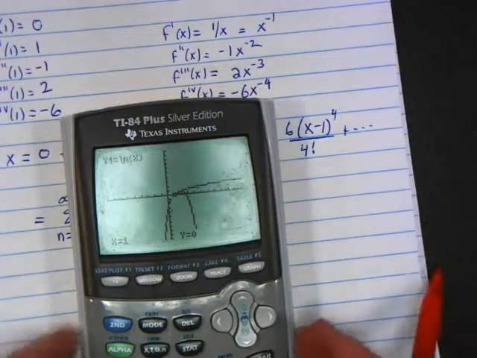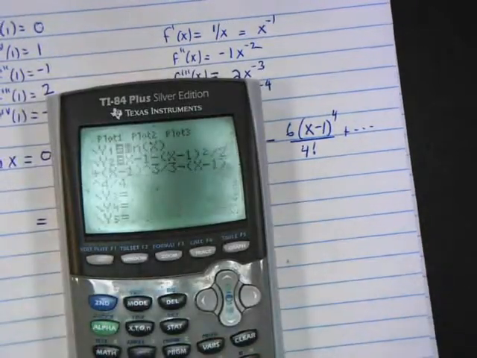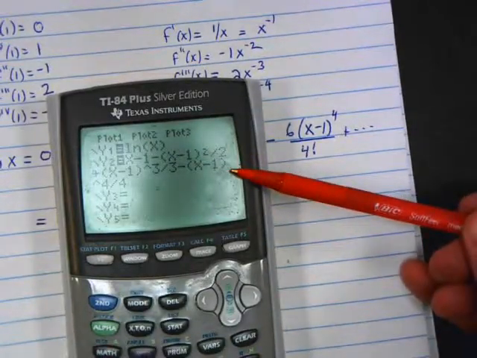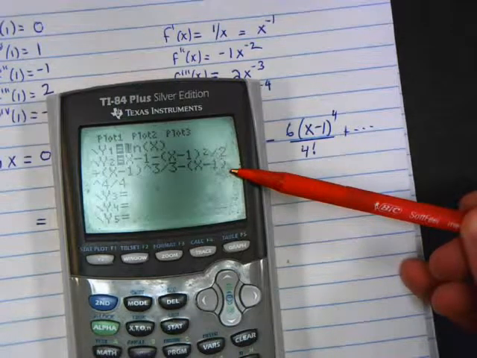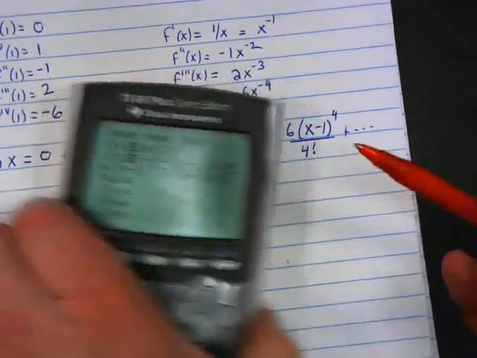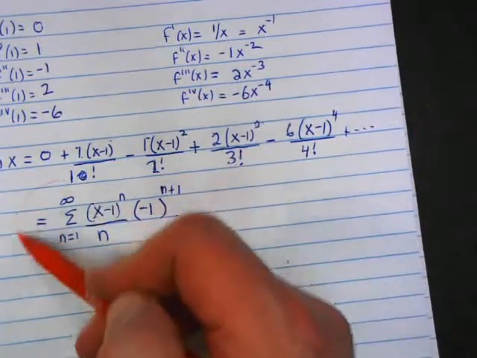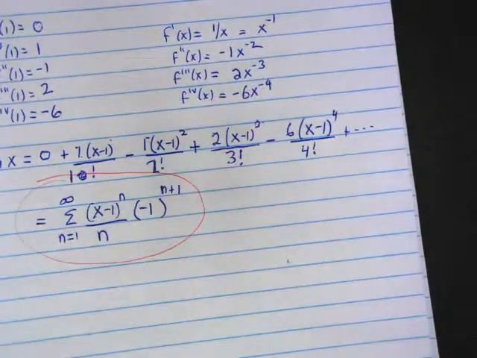How could I make it look better? Add more terms. But the reality is, what's the radius of convergence of that series?